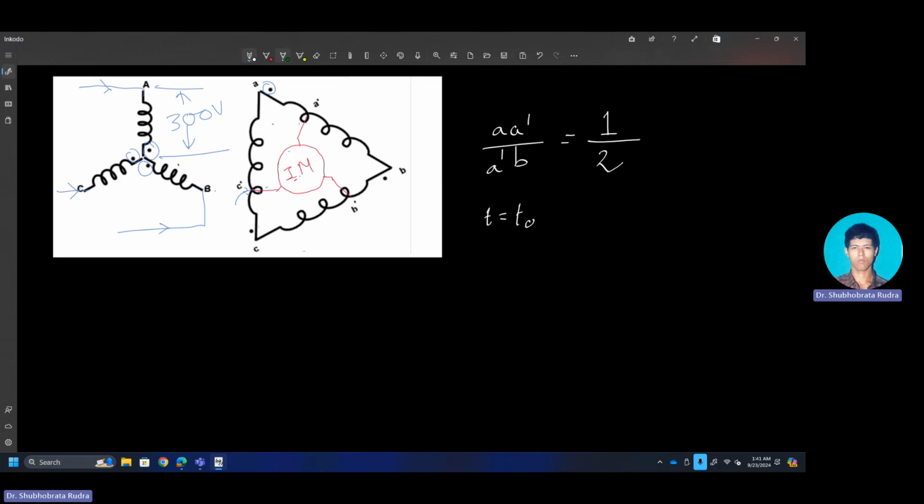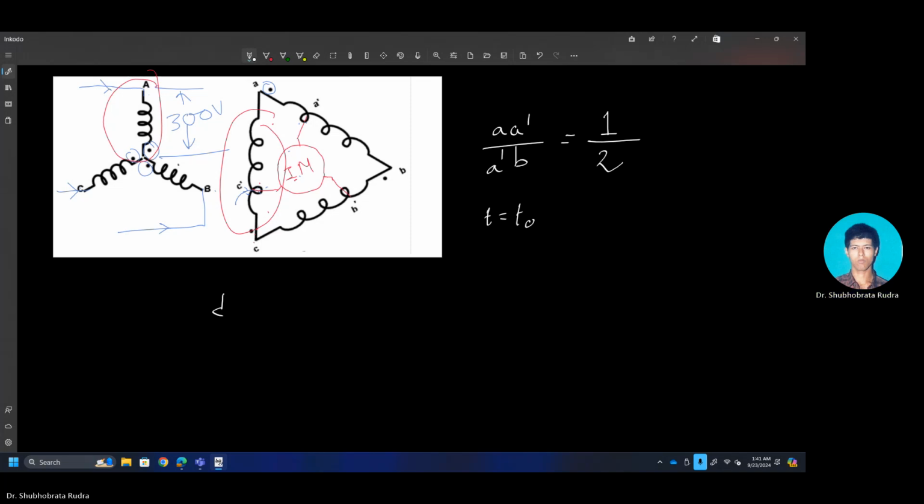Let me take only one phase case, and let me show you how this is valid. Because whatever will happen here, the same thing will happen for the other two phases. Here, these taps are actually working like a potential divider.